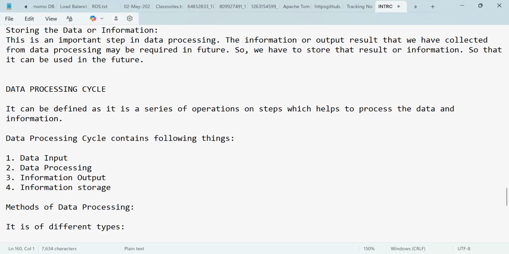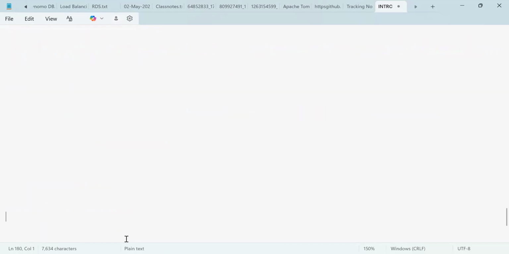In these methods, we will use various steps and various types.